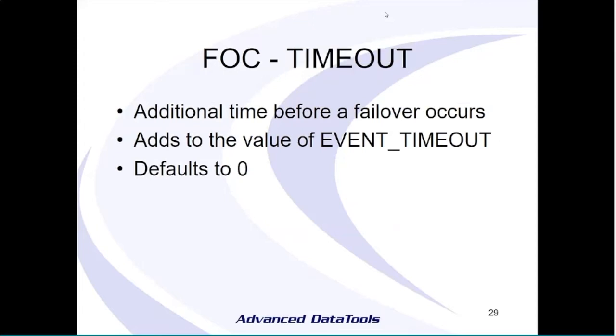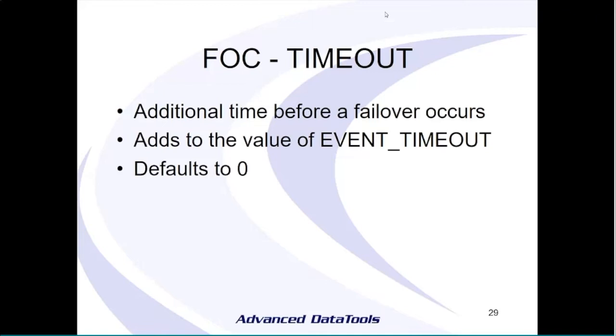Timeout, to be aware, is the additional time for the timeout, basically for a failover to occur between servers. It'll look at the value of event timeout and add this to it. This is in place so if you want a particular cluster or a particular server to have a higher timeout than the default, because it may have a flakier network or you want to give some more flexibility there, it's available.